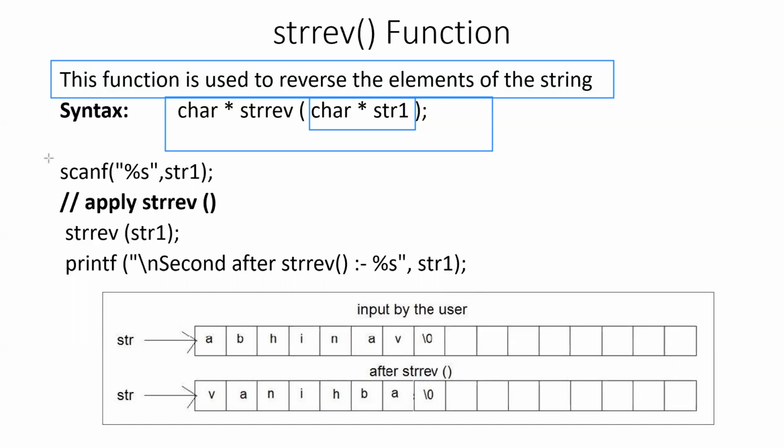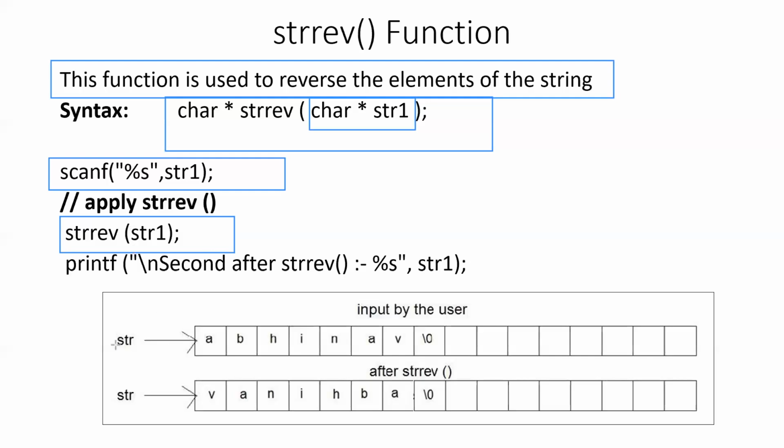So as you can see in the program, the scanf function is used to accept the input of the string str1, and then the string reverse function is called and str1 is passed as an argument. When the string reverse function reverses the value of the string str1, the reversed value will again be returned into the same string.